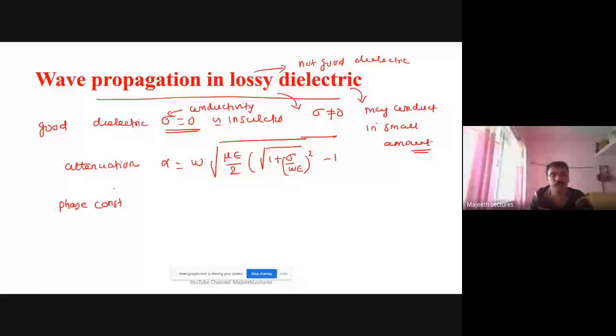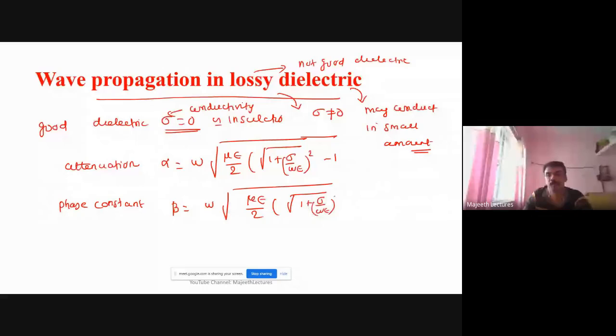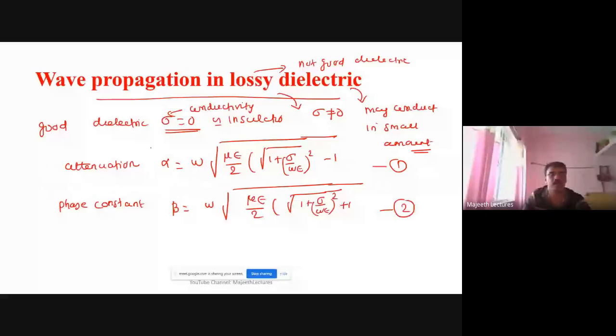Sorry, phase constant beta is omega root of mu epsilon by 2, root of 1 plus (sigma by omega epsilon) whole square plus 1. These two equations only you remember. In lossy dielectric, the wave will get attenuated and it has some phase constant.